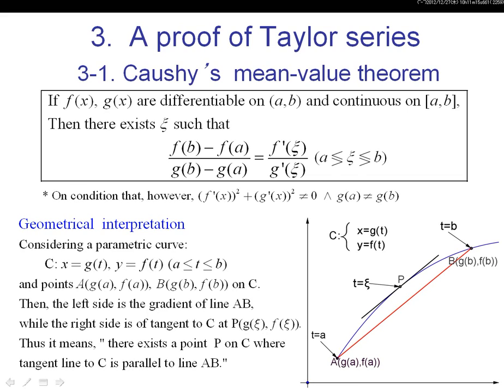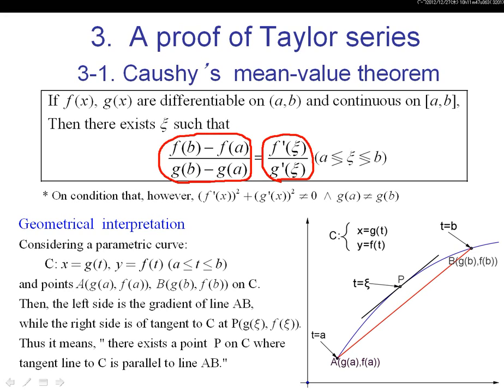And P is a point on C for t equal xi. Then the left side of this equation is the gradient of the line AB, this one. And the right side is, by the theory of differentiation, the tangent at P.